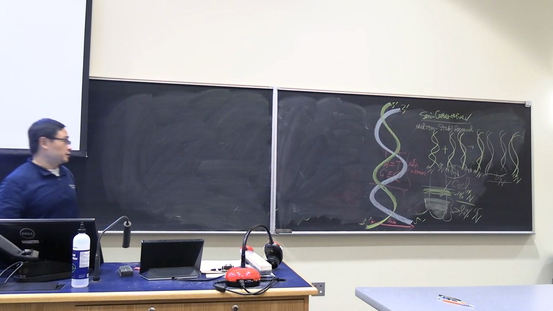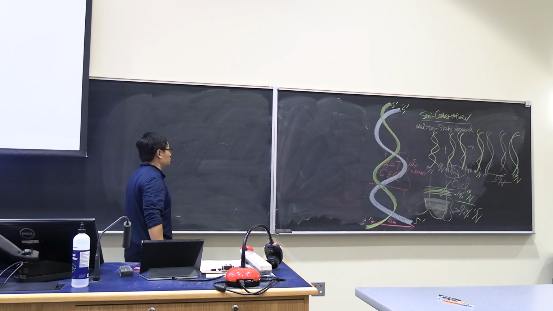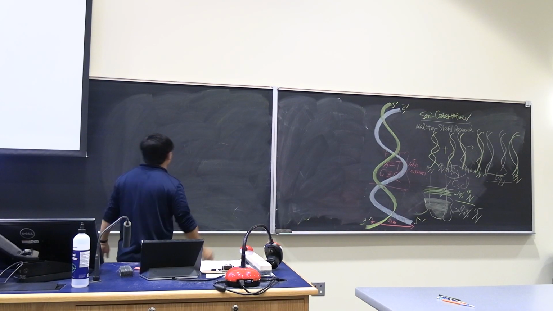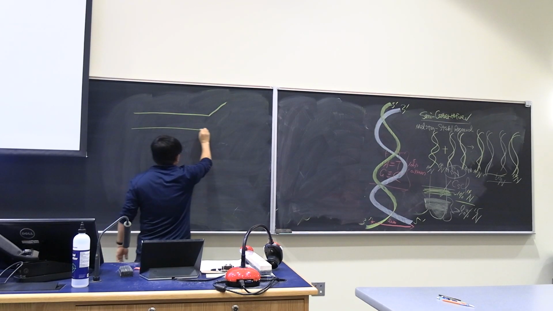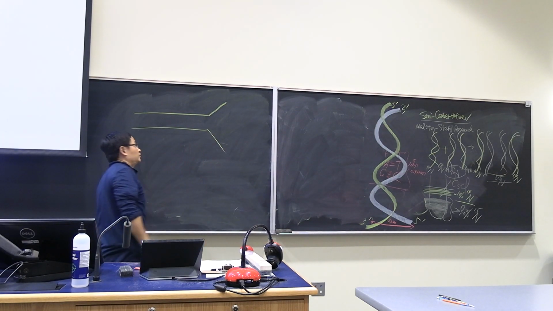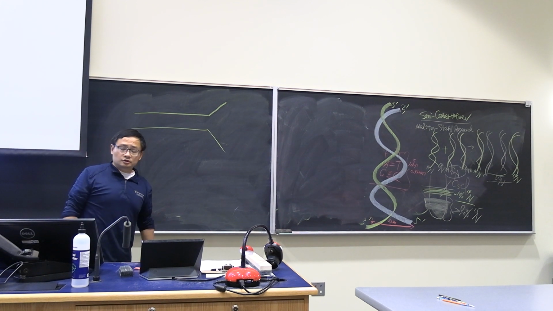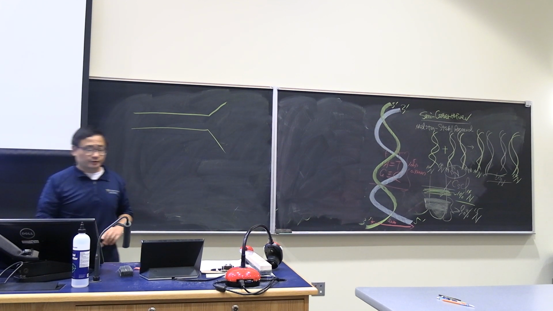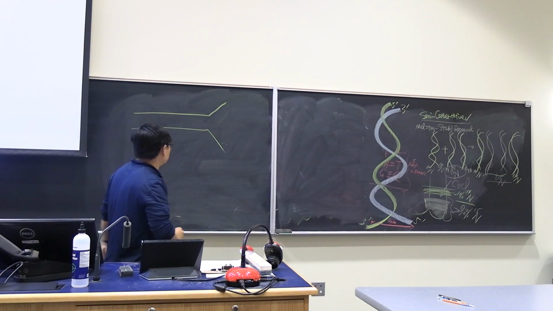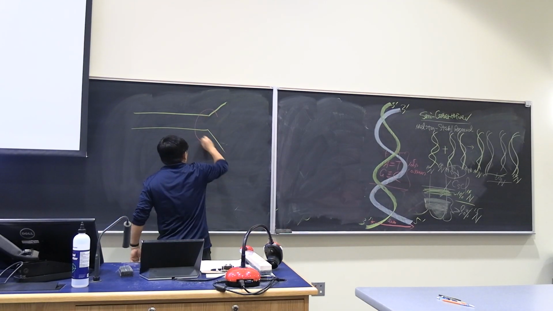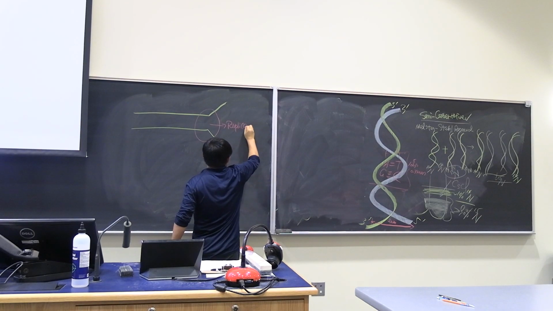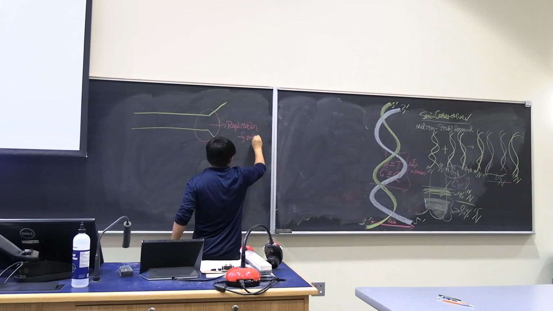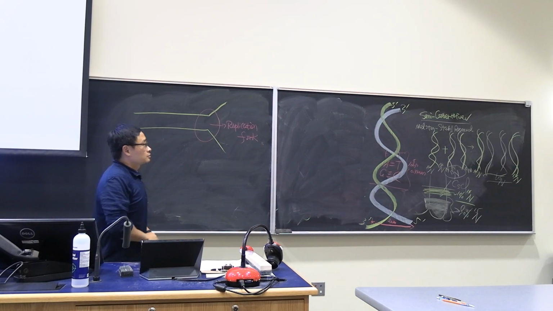We're going to talk about the next topic, DNA replication. How are we going to do it? For bacteria, we are going to talk about bacteria. DNA replication happens in a place called the replication fork.